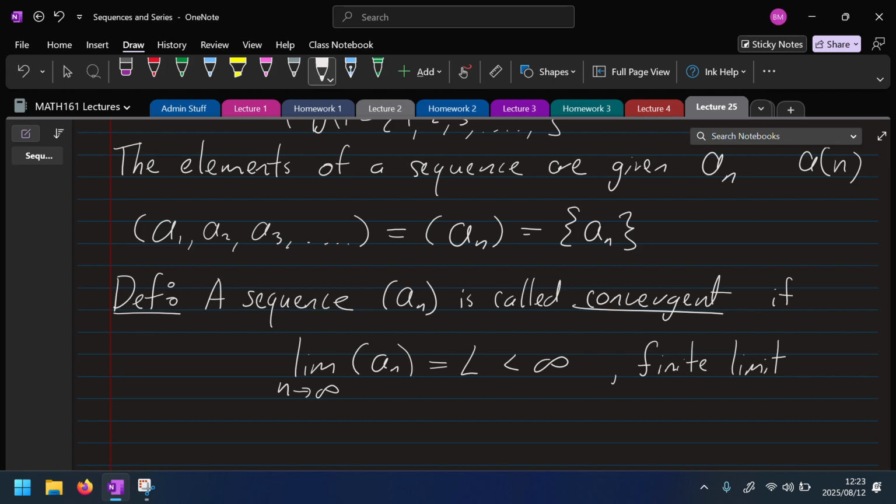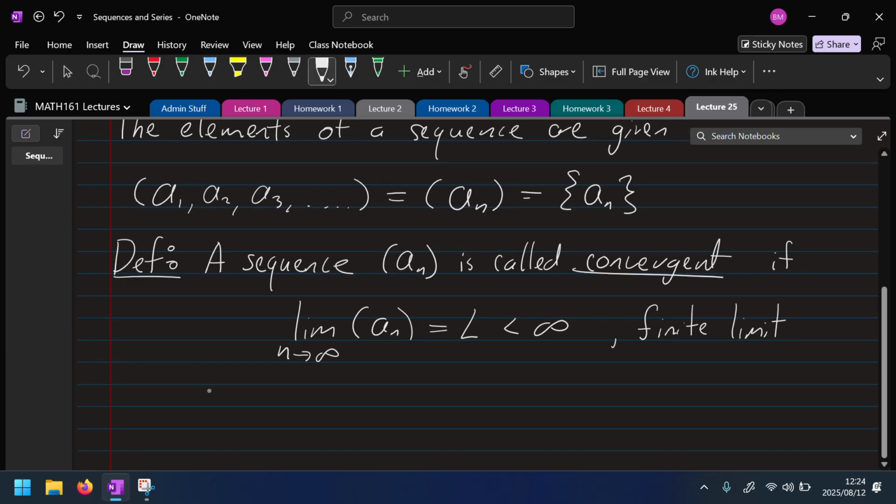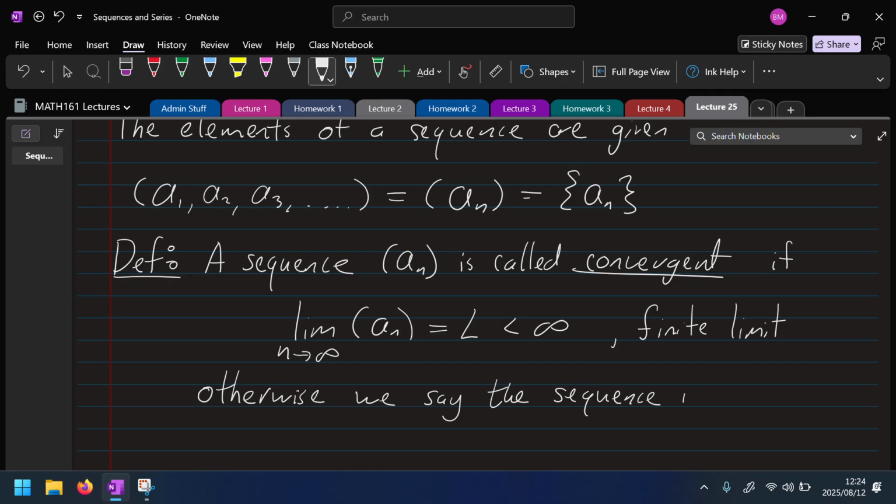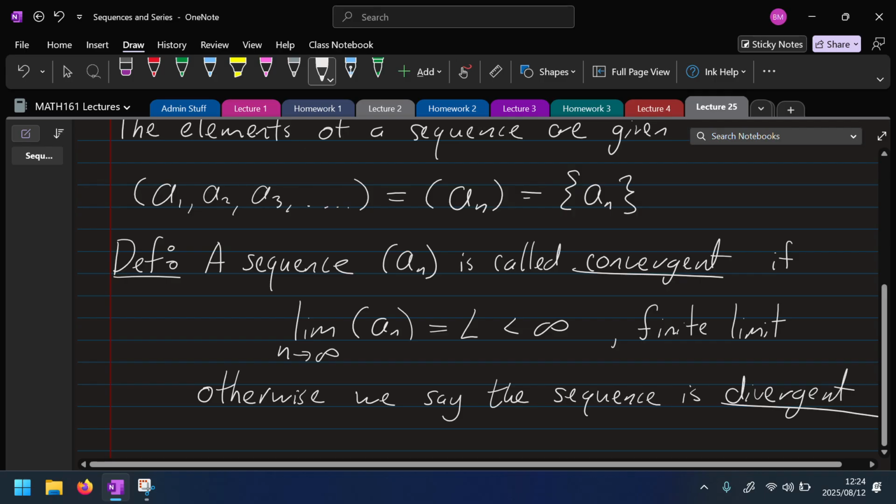If we get some finite limit as n goes to infinity, we say that the sequence converges. Otherwise, we say it diverges. So either it converges or it diverges. It's one of the two.